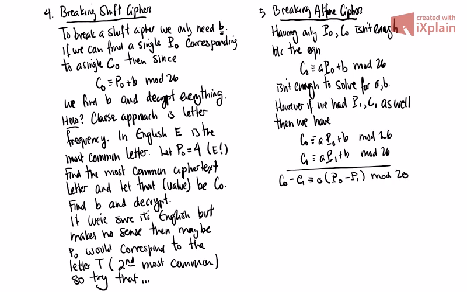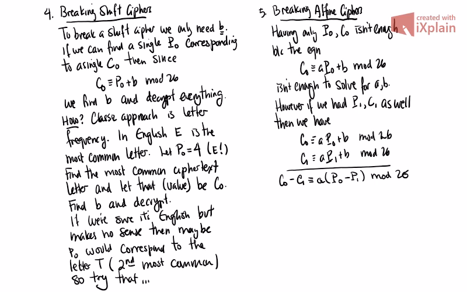Now, before I make a comment about solving for A here and solving for B and so on, keep in mind the assumption here is that there is an A and a B. We're assuming that somebody used an affine cipher, which means there is absolutely a solution A comma B. Even though it's a linear system, you could argue that there will be a solution if and only if the GCD of P0 minus P1 and 26 is equal to 1.